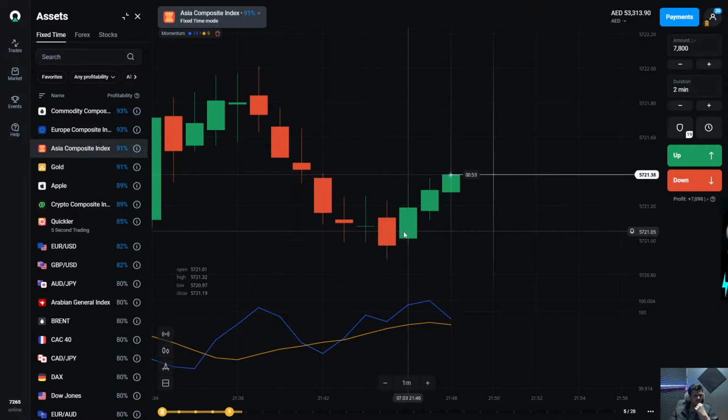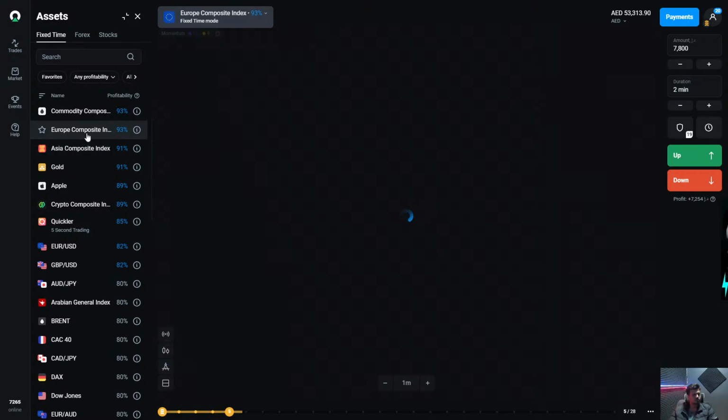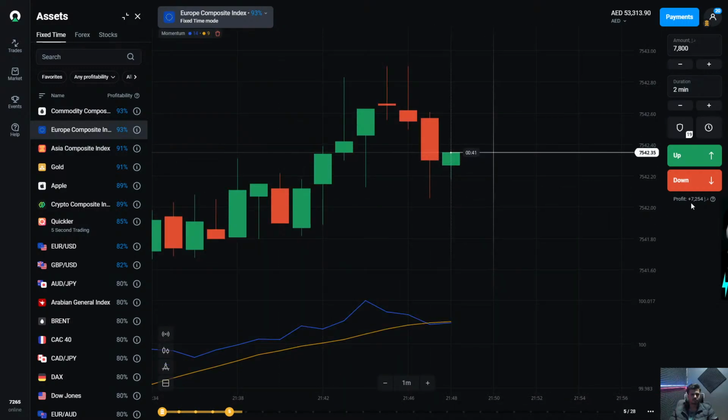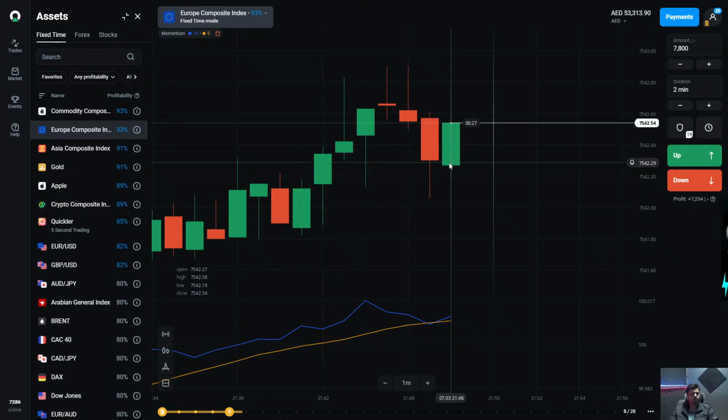So finally Asia Composite Index is moving in the upward direction after a lot of time. Asia Composite Index.